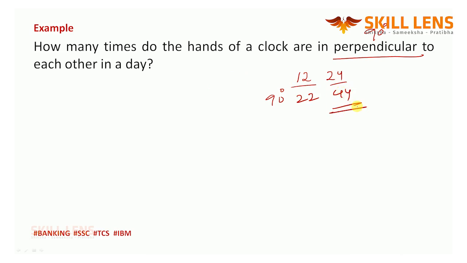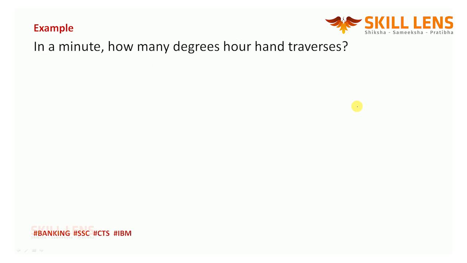Okay guys, these facts are very important. Once you know the facts from lecture 1, definitely this is going to be a cakewalk. You can answer in 5 seconds only. These types of questions are asked in banking, Staff Selection Commission, TCS and IBM examinations. Hope everybody understood this question.